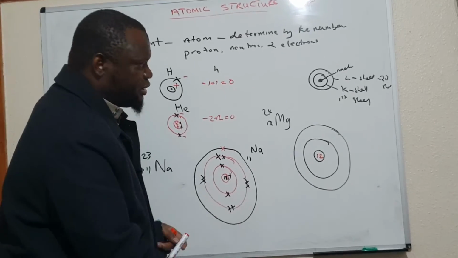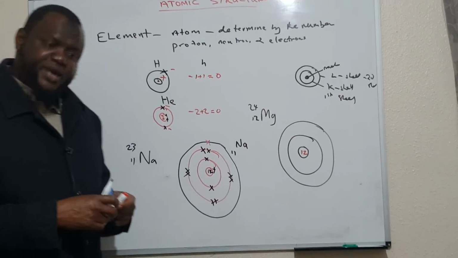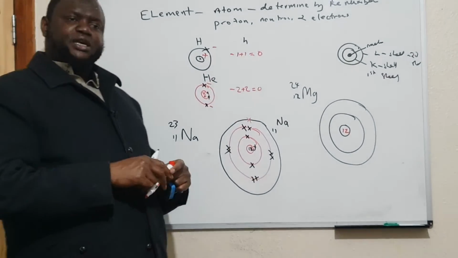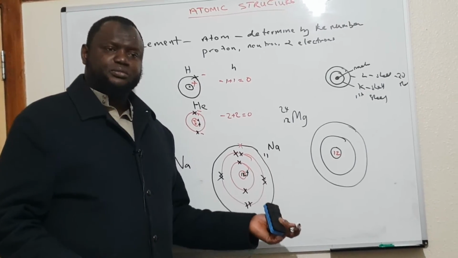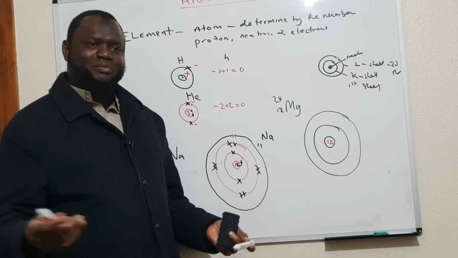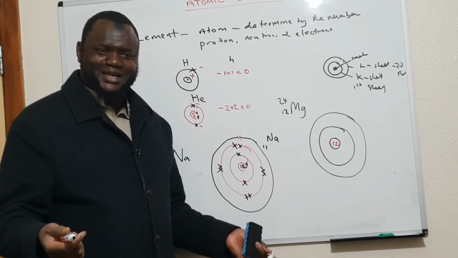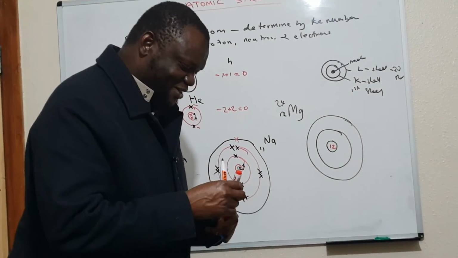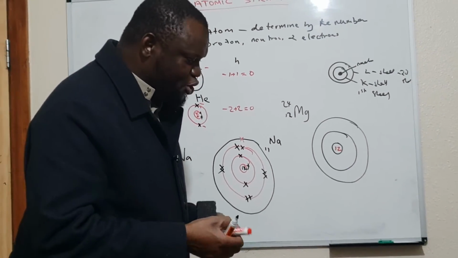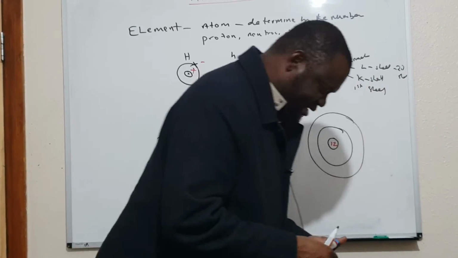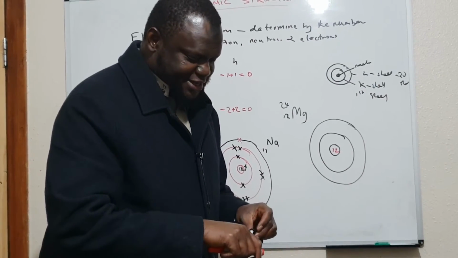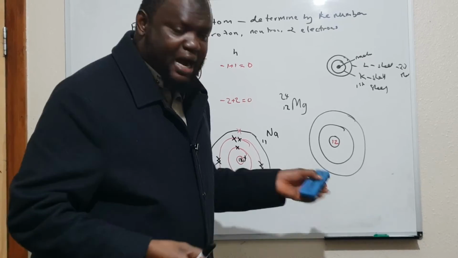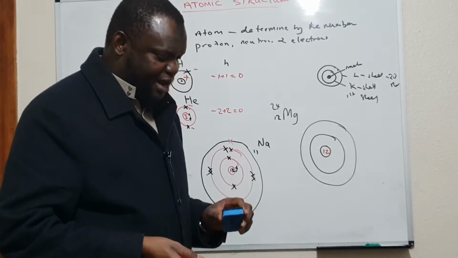You understand? Yeah. So if somebody, you do your PhD, you discover an element which has 200 protons, you call it maybe, let's say, you know. So if you do your PhD in Leicester University, you discover a rare element which no one had discovered before.